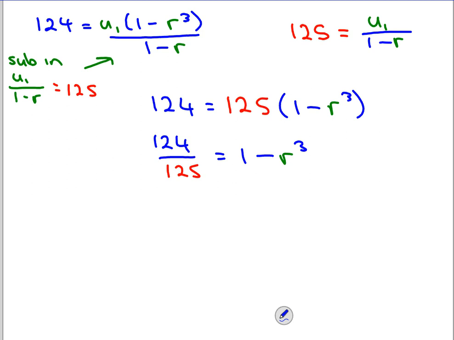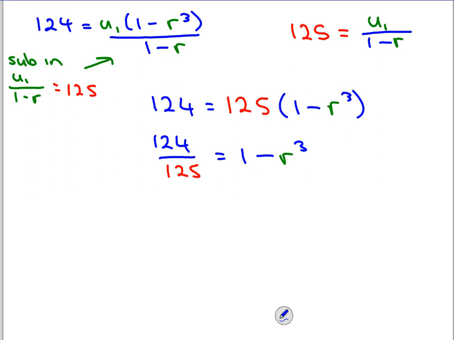There's so many different ways. Would you want to make the r cubed positive first, or would you want to subtract 1 and then deal with dividing off the negative 1? My favourite thing to do is to make the thing you're looking for positive, and we want to find out what r is. So I'm going to prefer to add r cubed over here and subtract 124 over 125.